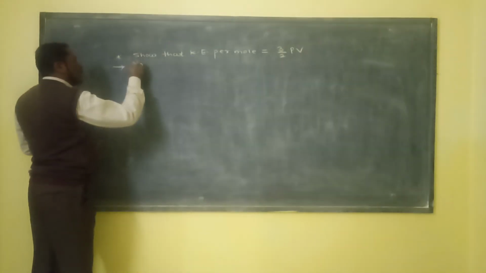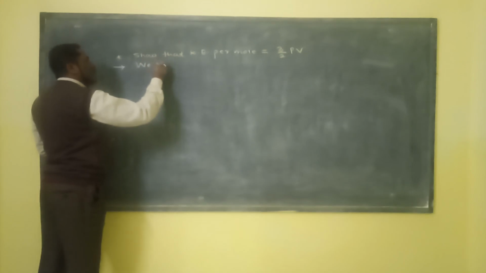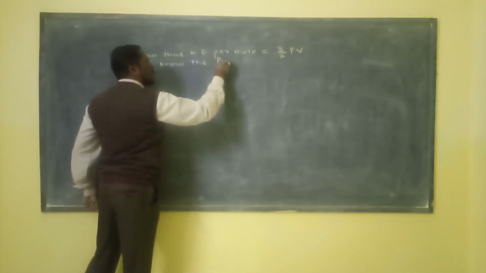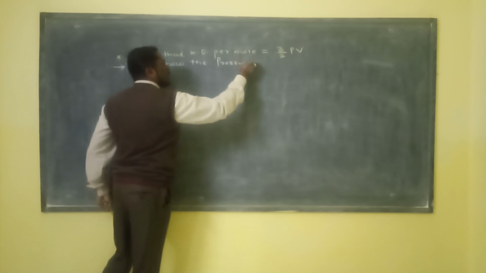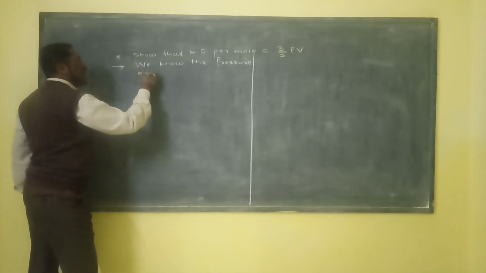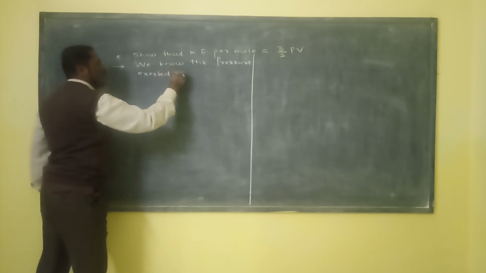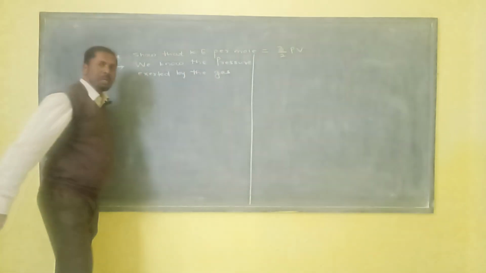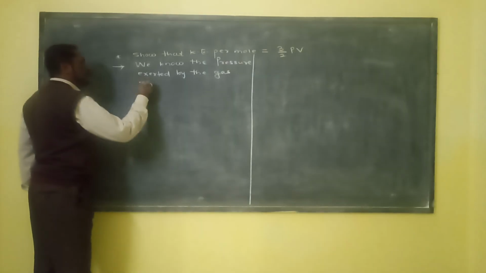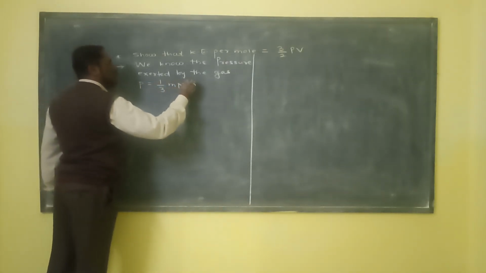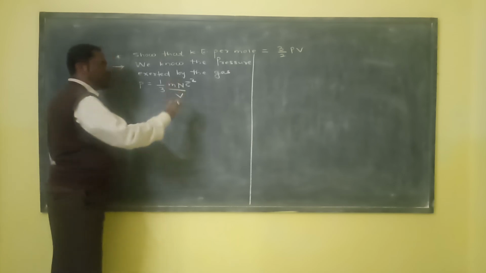The same answer, that we know the pressure exerted by the gas. We know the pressure exerted by the gas is P is equal to 1/3 m n bar c square upon V.